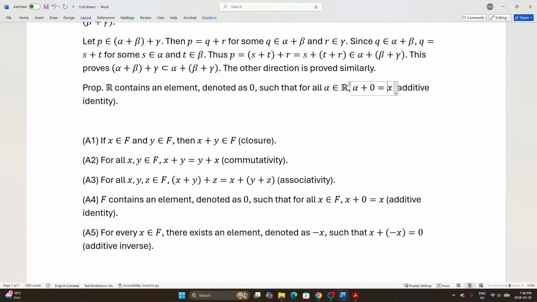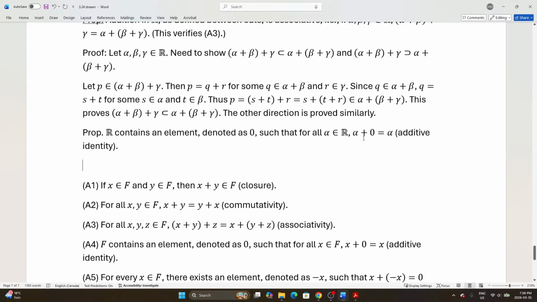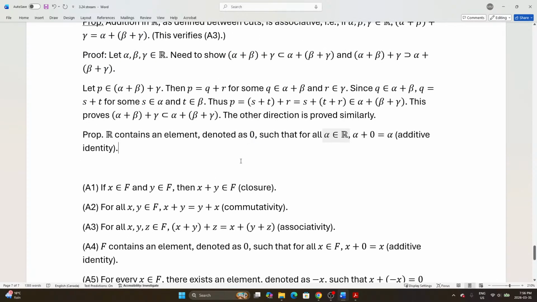What would that be? Well, we should think of 0 just as the usual 0, except here, 0 is a cut. The cut that represents 0.